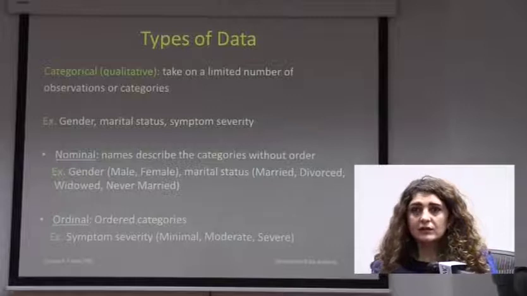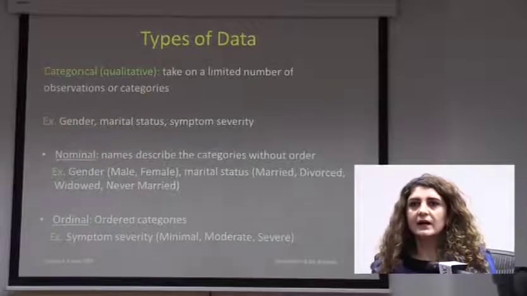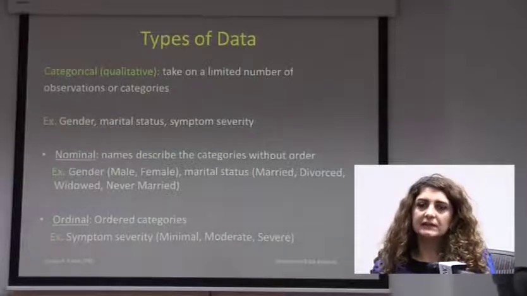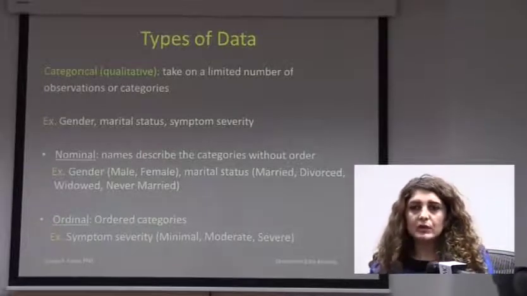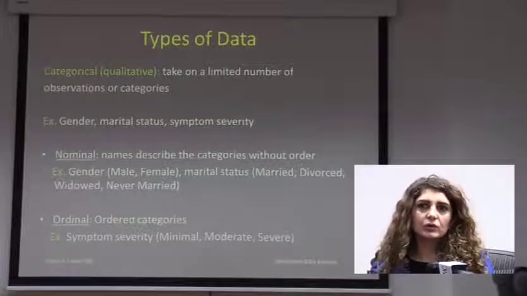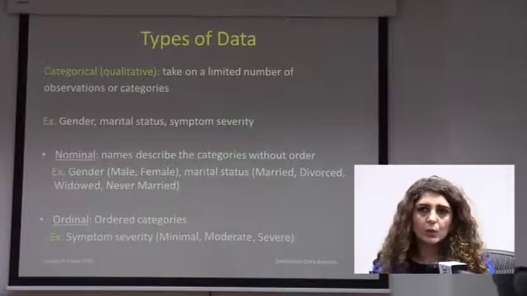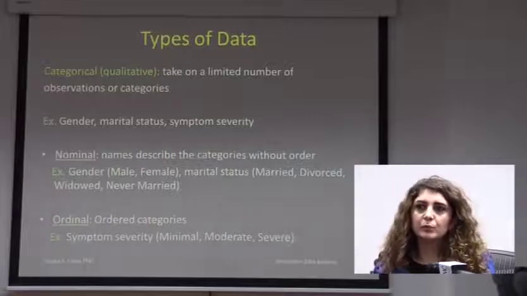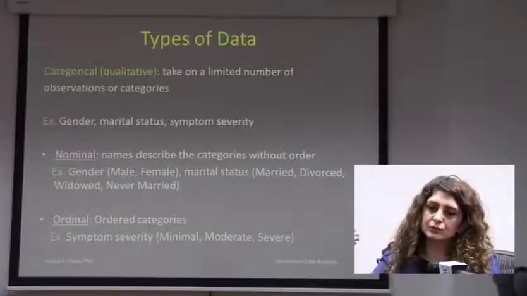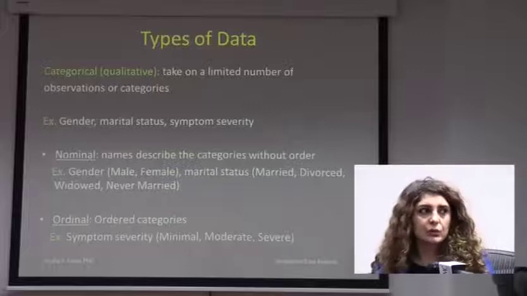Now, within categorical variables, we can actually divide them into two groups, nominal variables and ordinal variables. When the groups themselves are not ordered, like gender, this is called a nominal variable. Or marital status: it's not that I'm moving from single to divorced in a certain order.